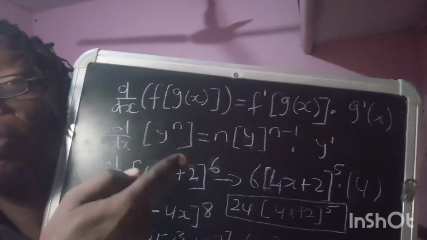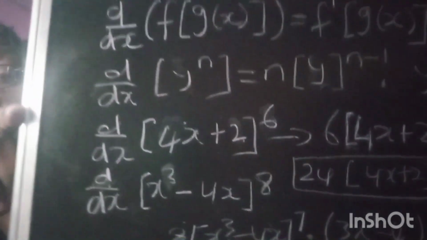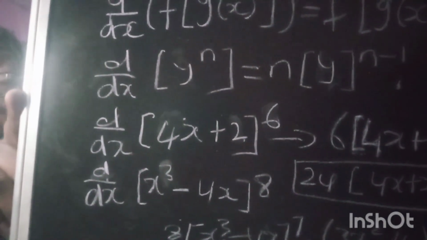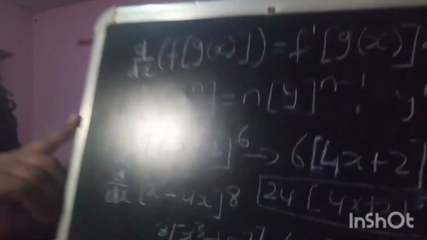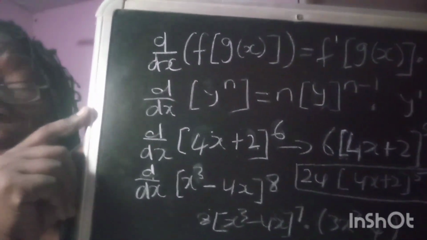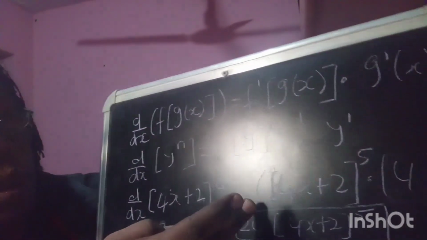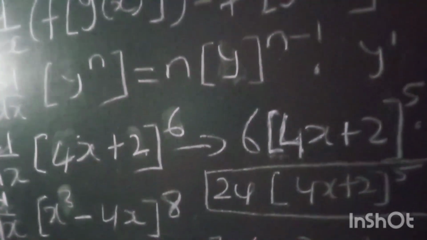This is just the illustrative formula. Then we're taking a practical example here, which I've explained to you. D over dx of 4x plus 2 to the 6, and then we have 6 coming in front here, and the rest you follow the way I've explained to you.